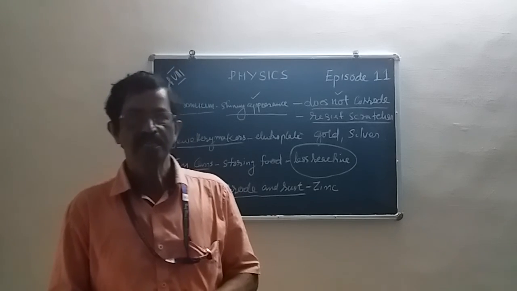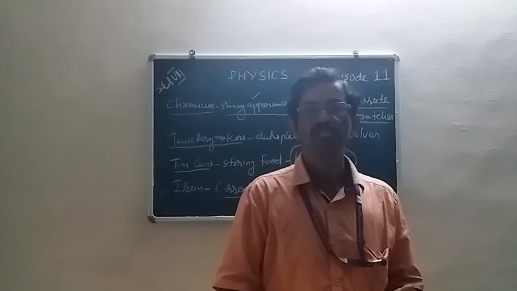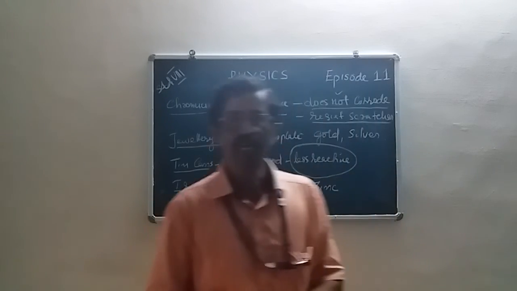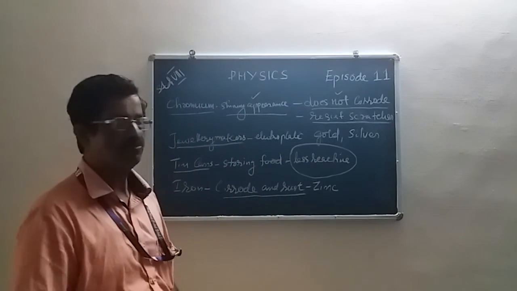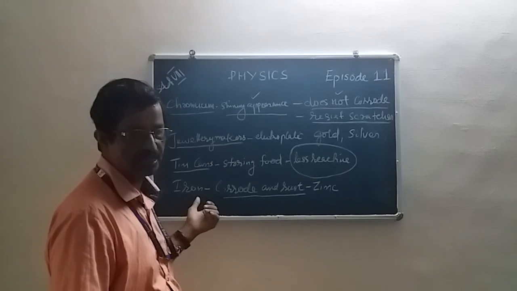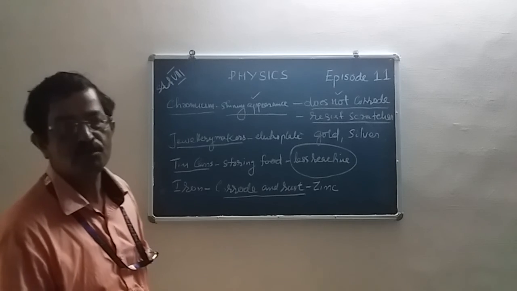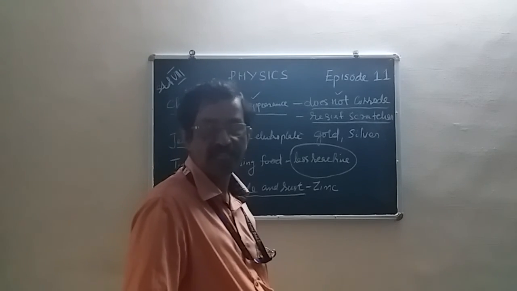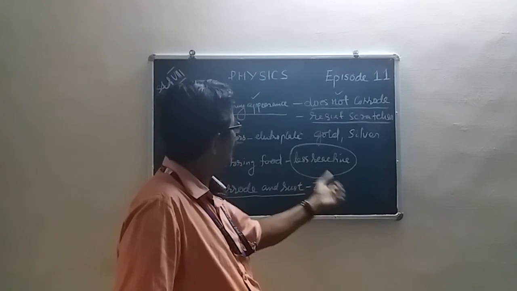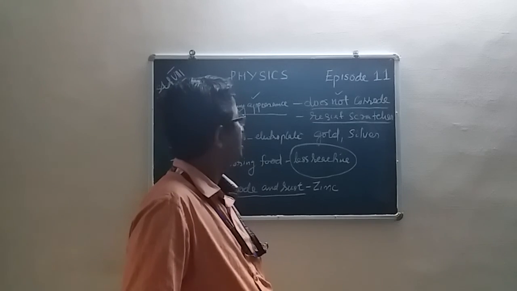So we want to dispose of it safely. There are strict guidelines on how to manage the waste solution from electroplating factories. There is a strict law on how to dispose of it.